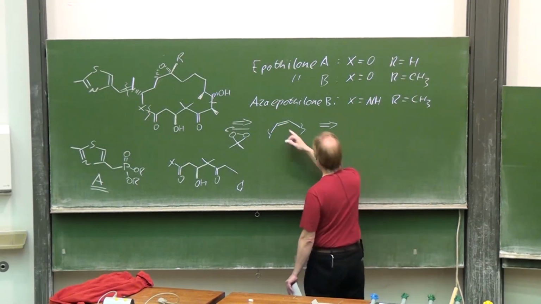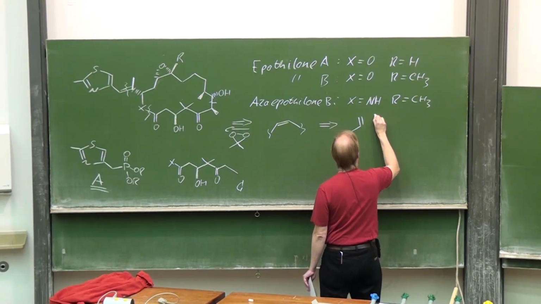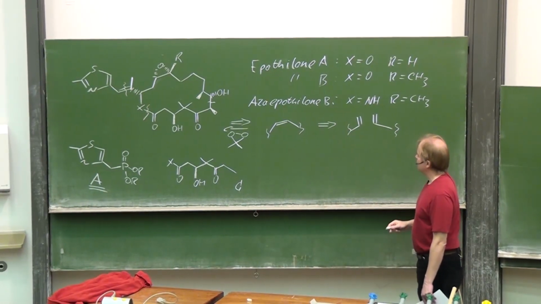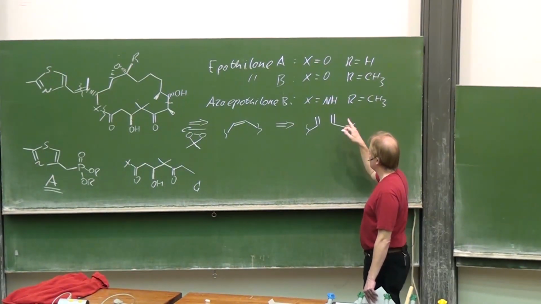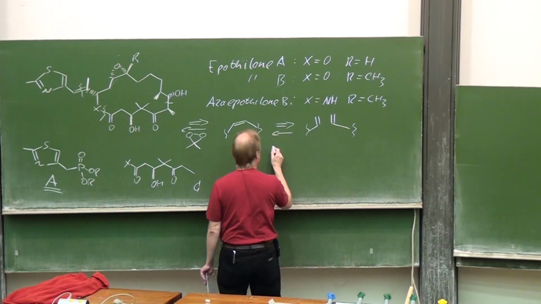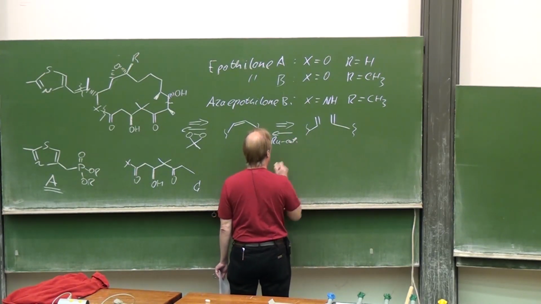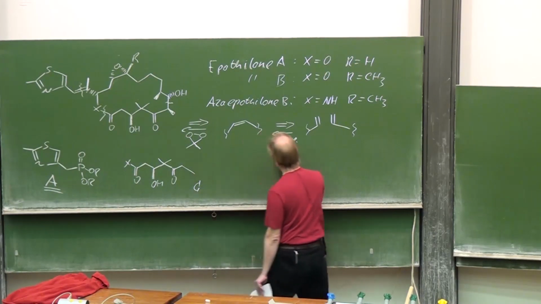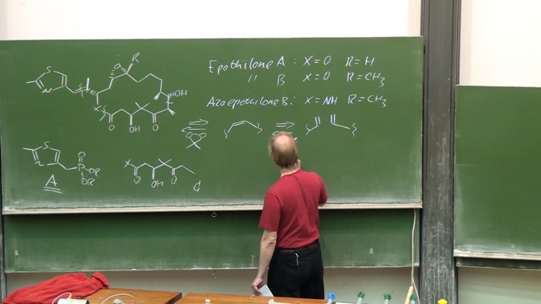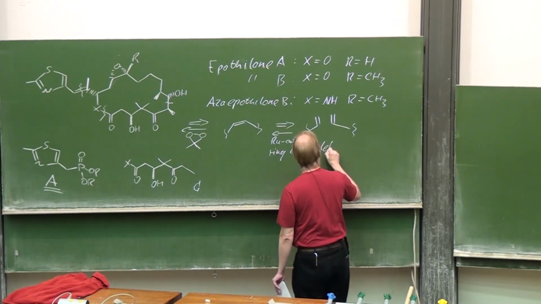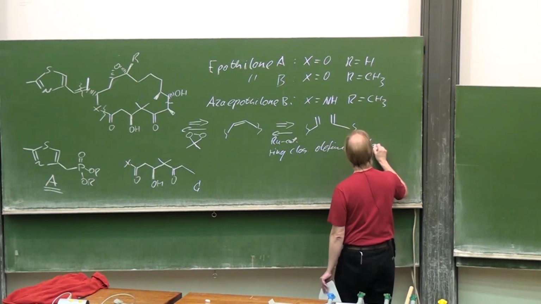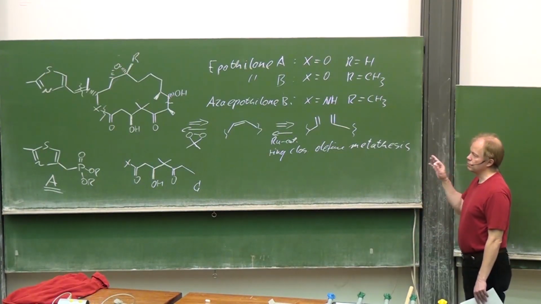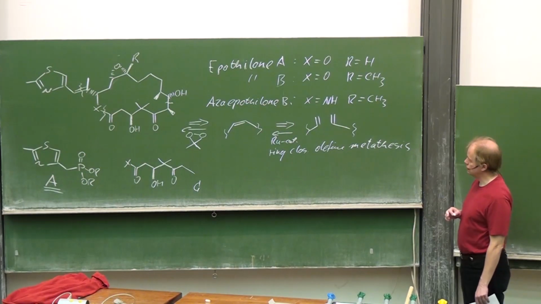Okay, so that means we can transform that retrosynthetically to two terminal olefins, ruthenium catalysis, so with a ring closing olefin metathesis as the final but one step within the synthesis.